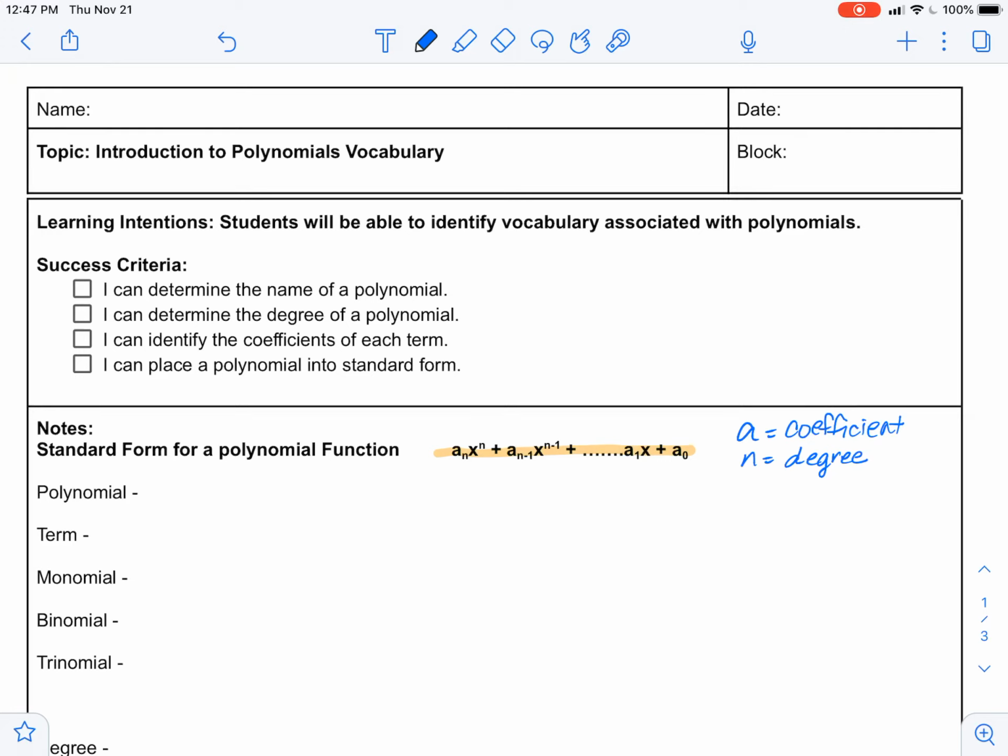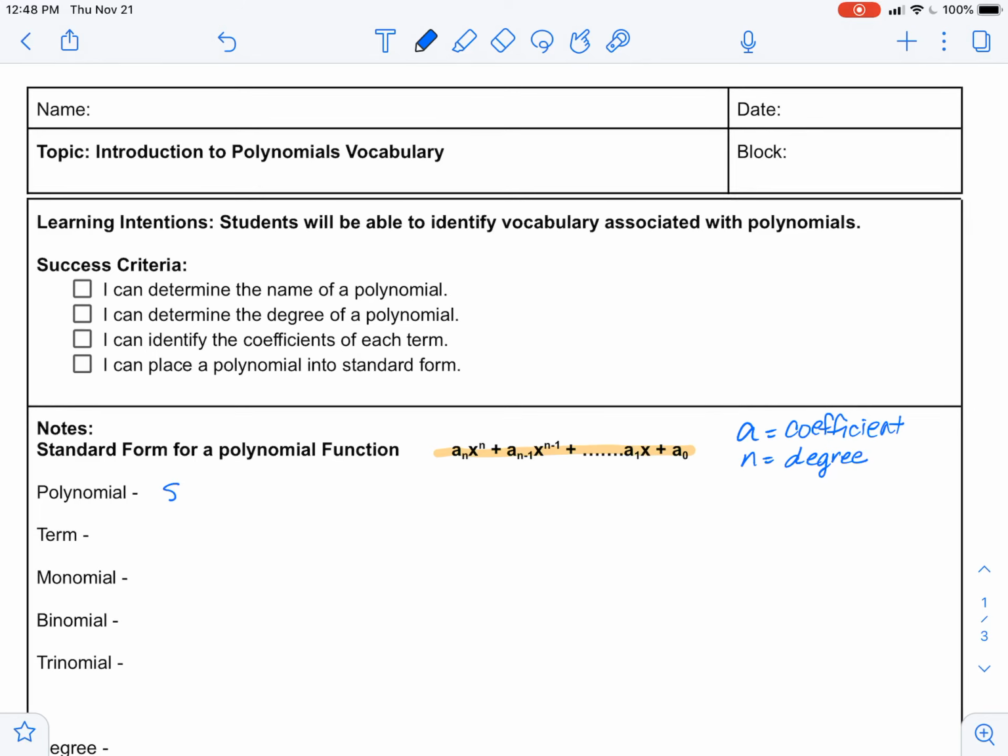So let's just talk about what an actual polynomial is by definition. Polynomials are sums or differences of a group of terms. So let's just write that down.